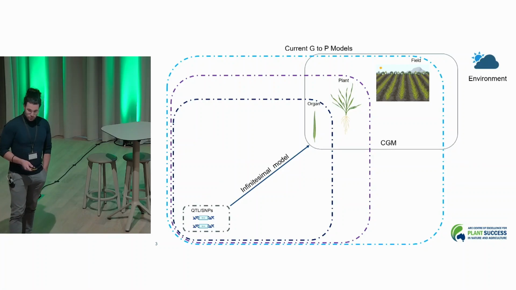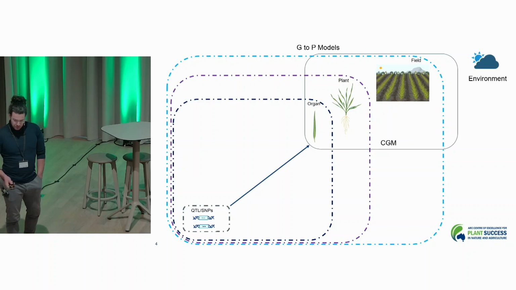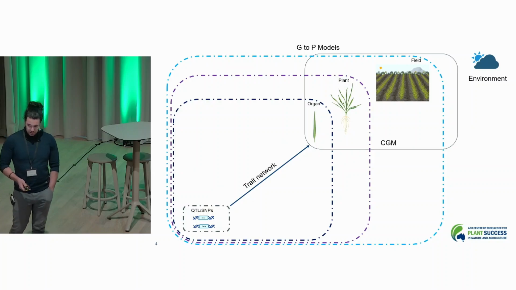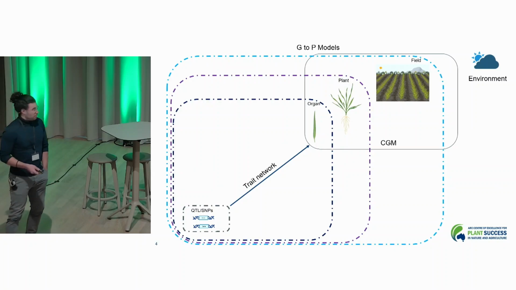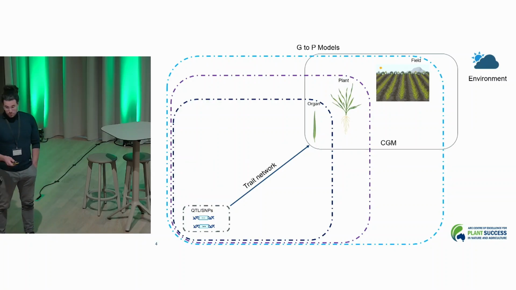However, we know that instead of the infinitesimal model, we have a trait network in between, and that has many interactions that we cannot capture with the infinitesimal model.